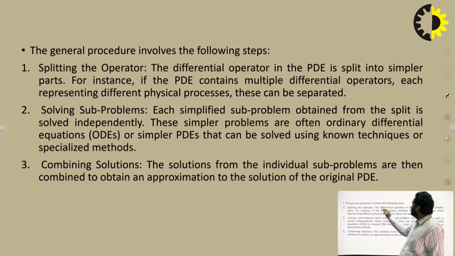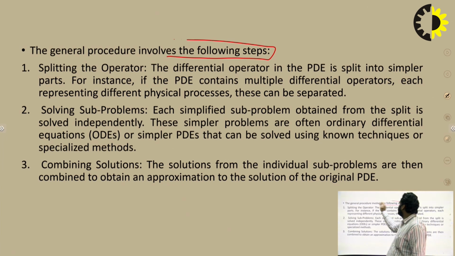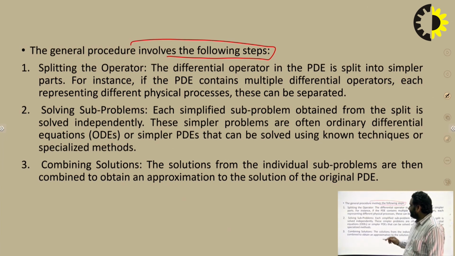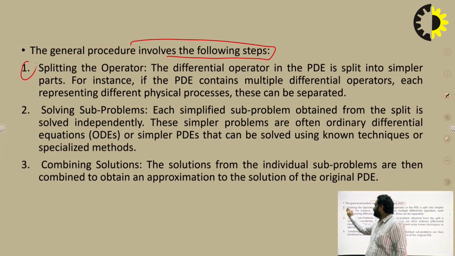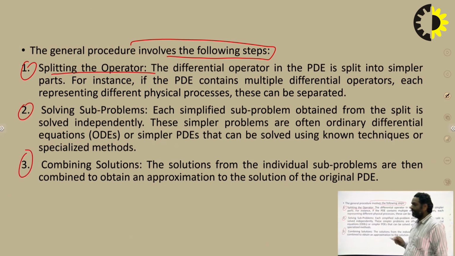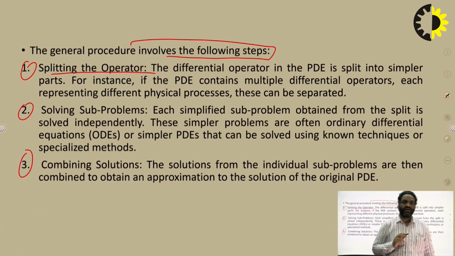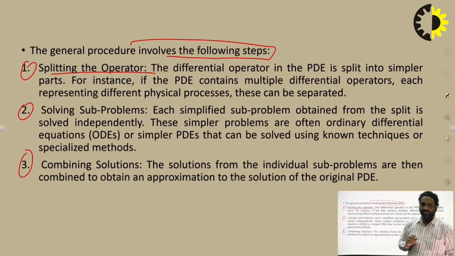So the general procedure involves the following steps. We have three basic steps. As a first step, we split the operators. Every partial differential equation has a number of operators. So in the first step, we need to recognize these operators, and then we split them.